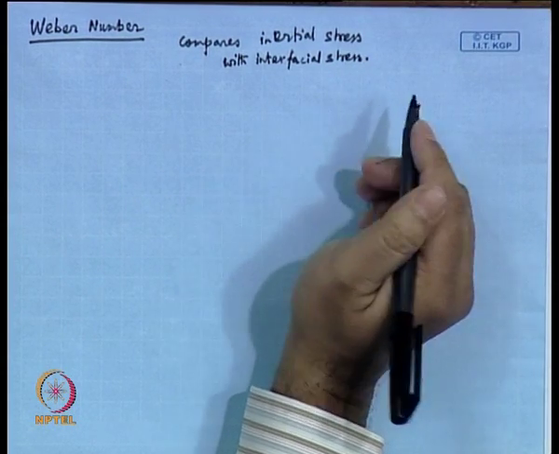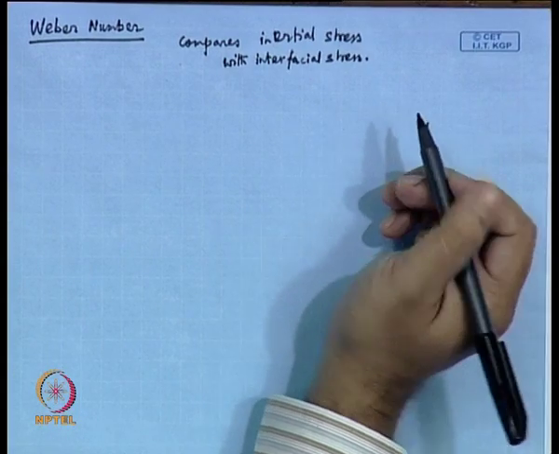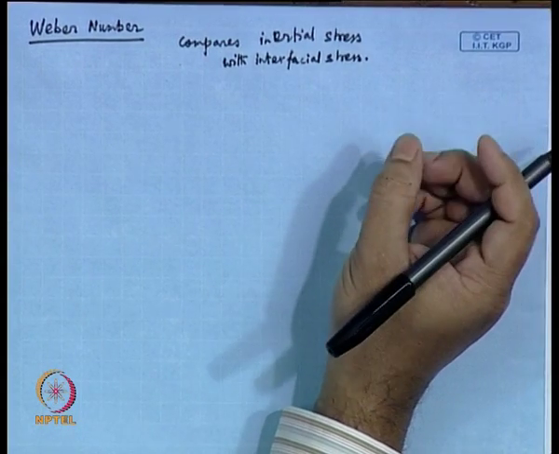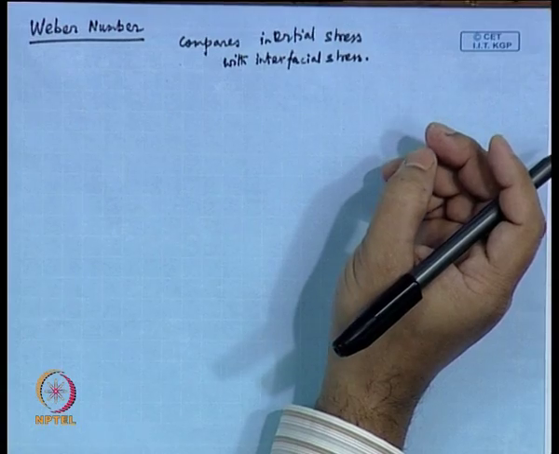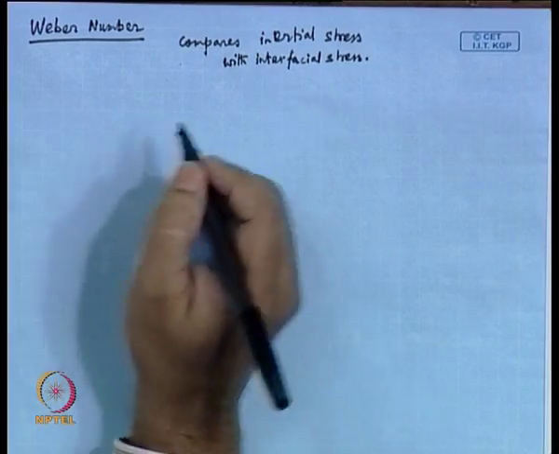Inertial stress may arise in case of a jet, an elongated jet that breaks down. It is not a viscous stress, it is inertial stress. So, that is how it is different from capillary number. If somebody is observing a jet breaking down, that is probably the case where you have this Weber number. Let us see how we get into this.